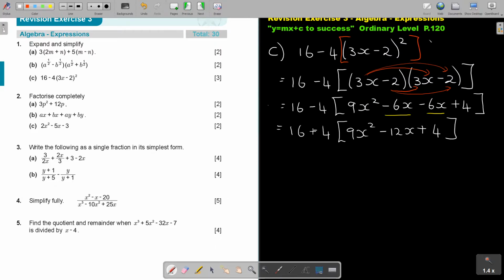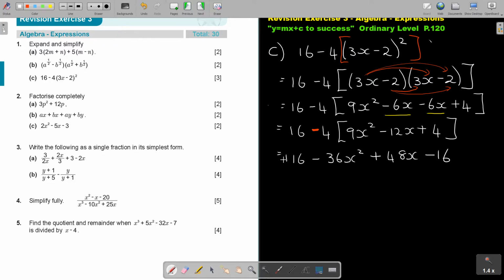And now you must be very careful because that's a negative and I want to make it red, okay? Be careful because a negative changes signs in the bracket. So I'm going to have 16 and now I'm going to say negative 4 times 9, it's going to be negative 36x squared, and a negative times a negative is going to be positive 48x, and a negative, it's going to be negative 16.